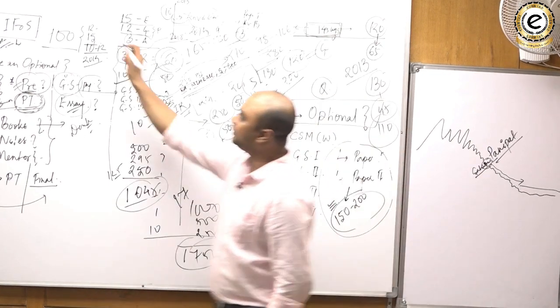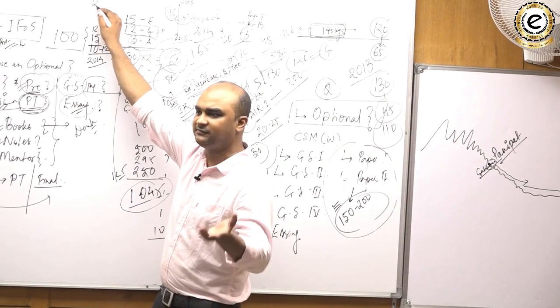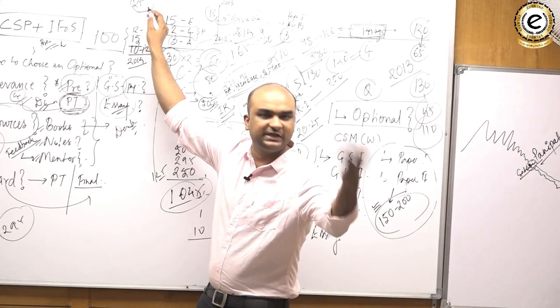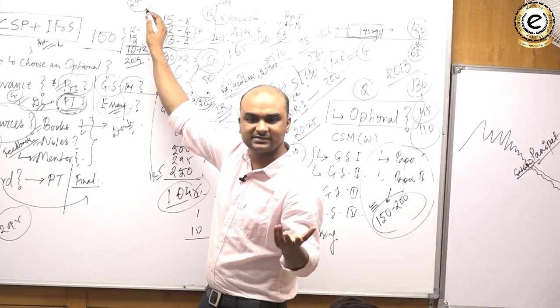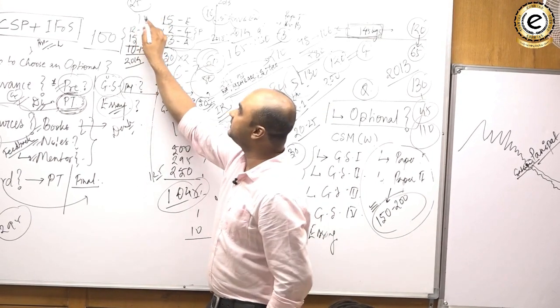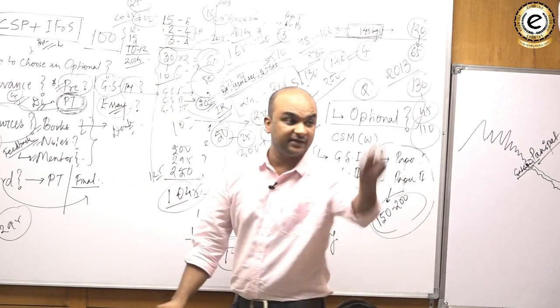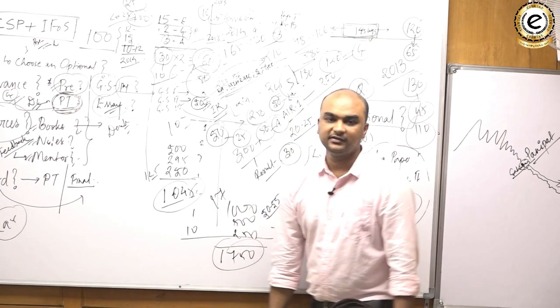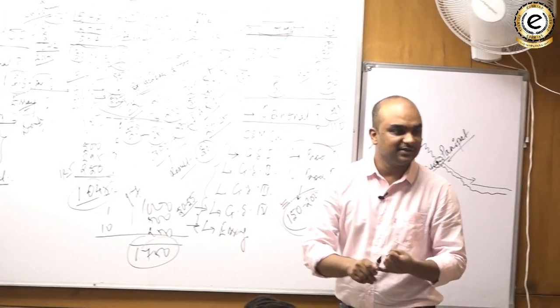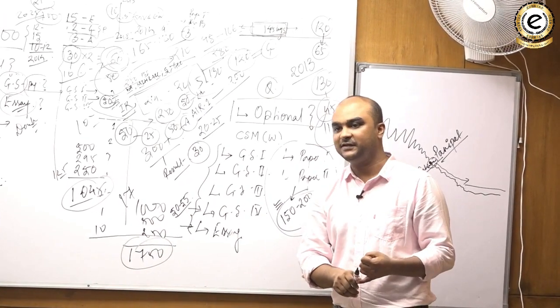And you see how many optionals there are, more than 25-30 optionals. When you include the literature, it goes much beyond, isn't that so? And out of, say, 100 IAS, 20 to 25 are from geography every year. Now you can understand what performance geography is giving.